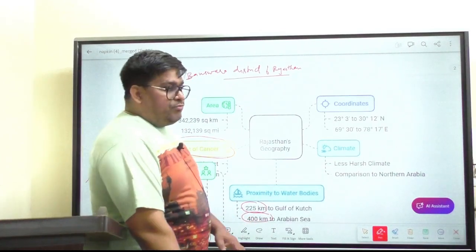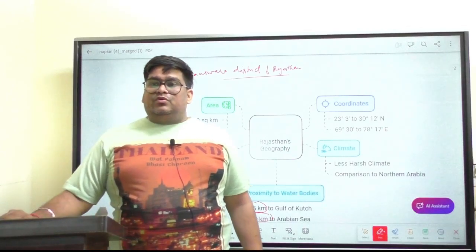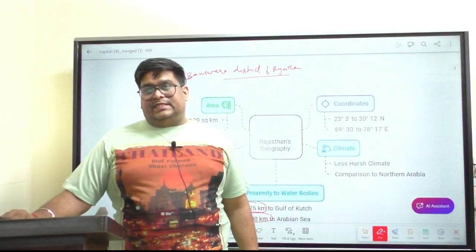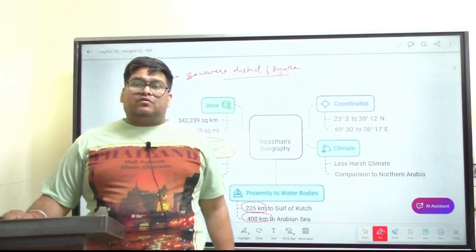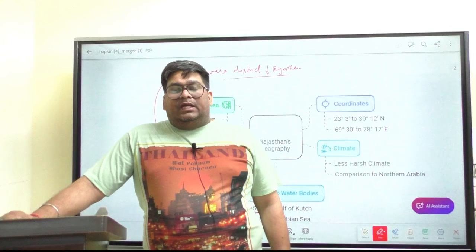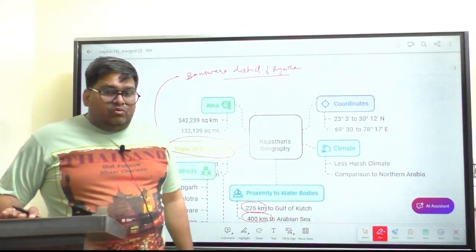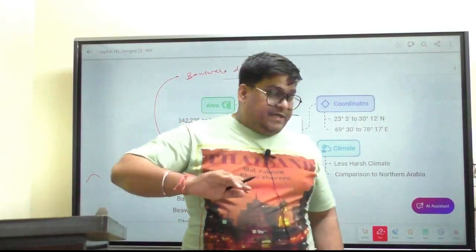This is the approximate distance of the water bodies. So this is the geographical location in that perspective. To learn more about Rajasthan, we will have to move to the next slide.